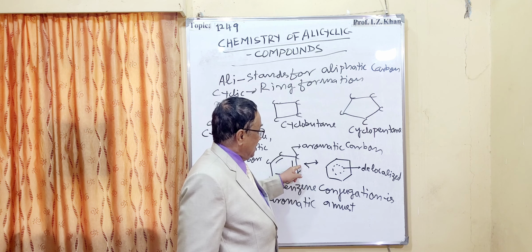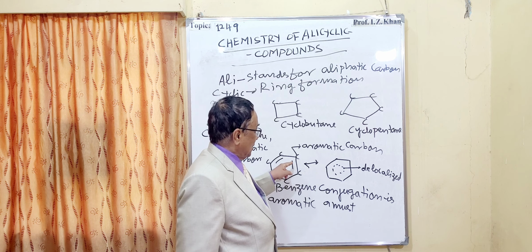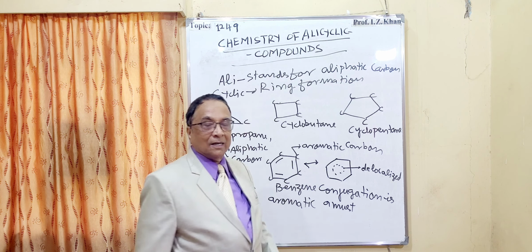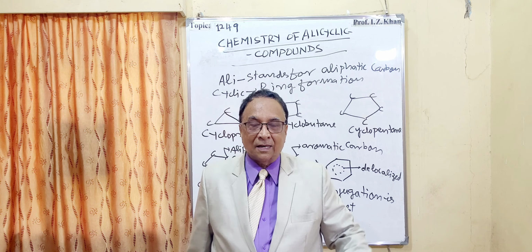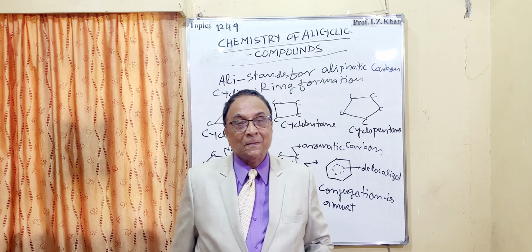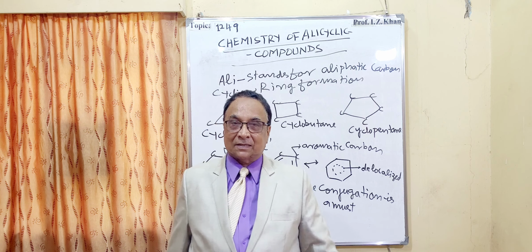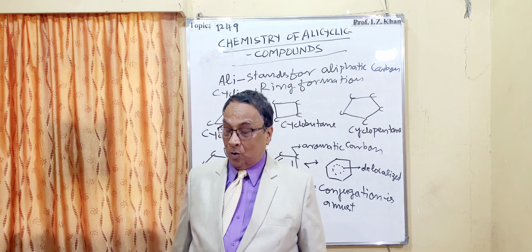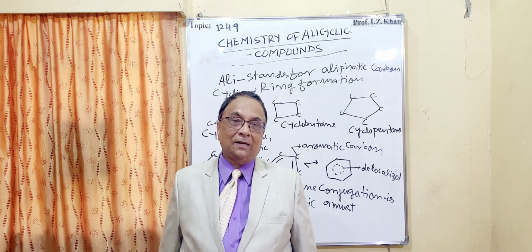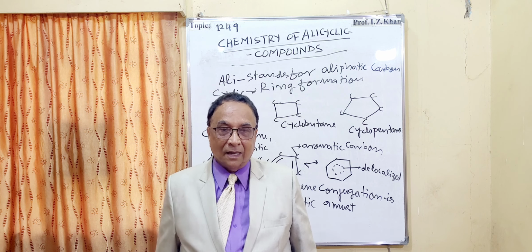This one is sigma bond, sigma electron, and once these pi electrons are there, these pi electrons are continuously delocalized, moving, that gives resonating structure, resonance formation, and where such type of carbon is involved, that carbon is actually aromatic carbon.